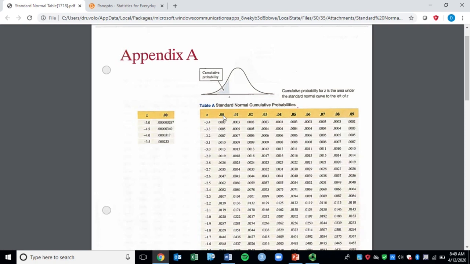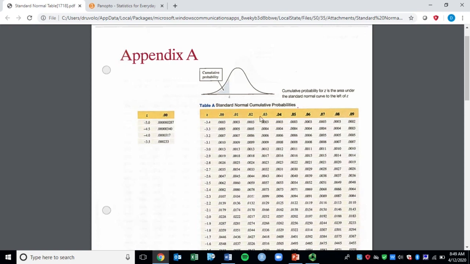So let's say that we had to look up a negative 2.03, negative 2.03, for a z-score. So here's a negative 2.0, and notice up here, here's 3. Don't look at this as a negative 2.003.